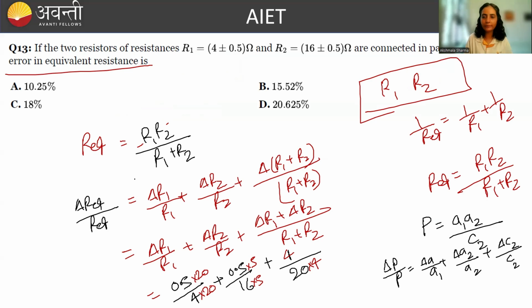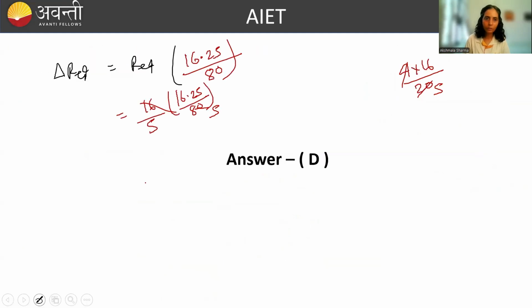so are we getting it wrong? Let's check the calculation. So percentage error, not absolute error, we have to calculate. So let's correct it here. Okay.